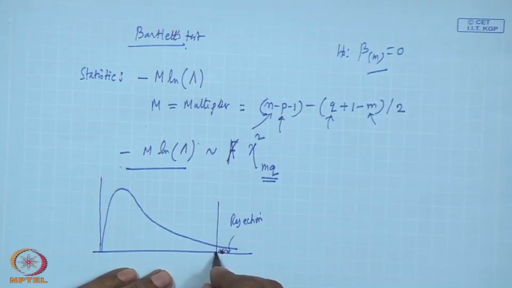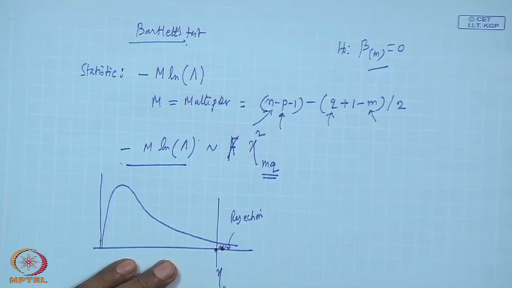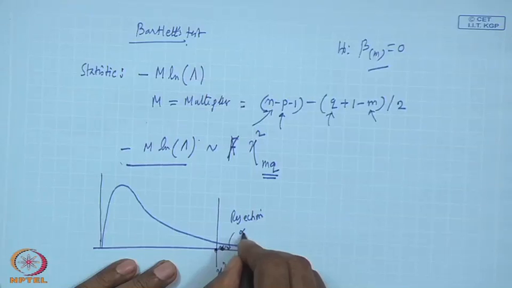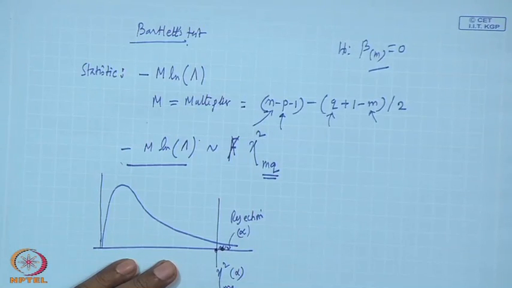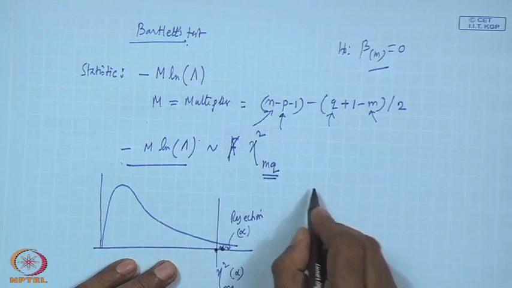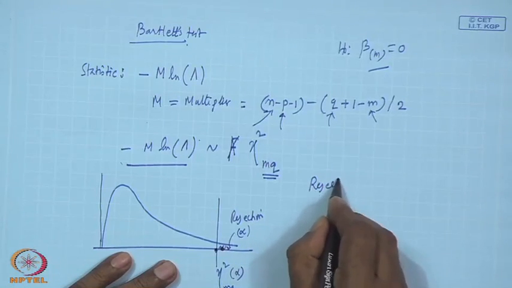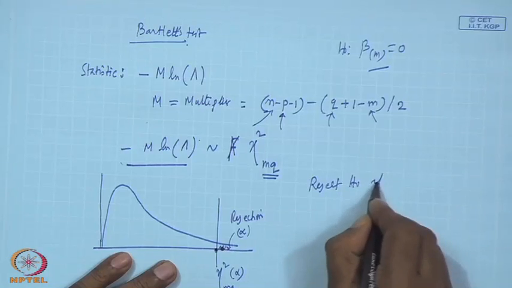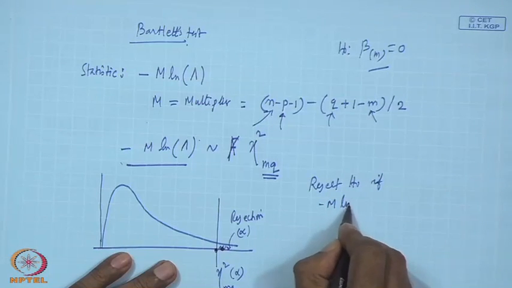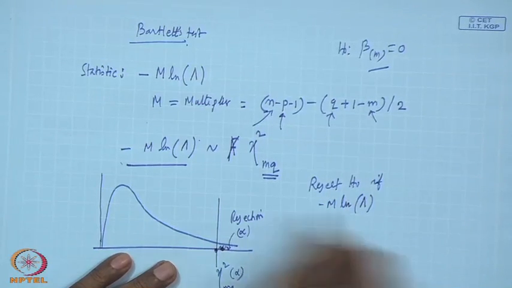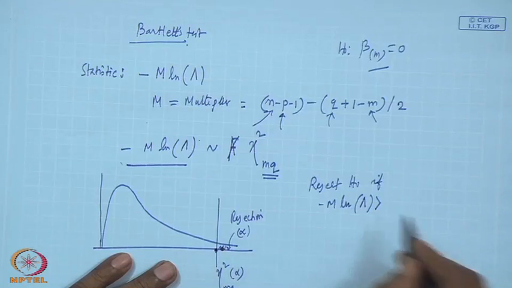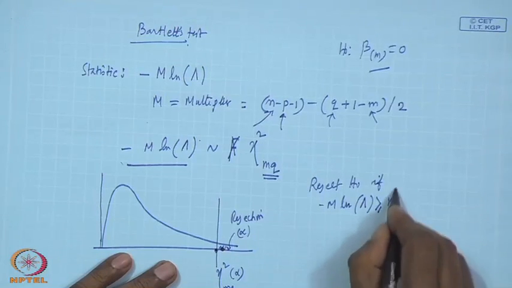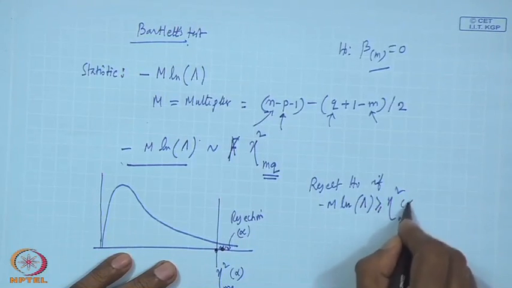So, this point, the critical value, is your chi-square. If I say this is alpha, then chi-square mq alpha, this is your critical value. Now, you will reject H0 if minus m log lambda is greater than or equal to chi-square mq alpha.